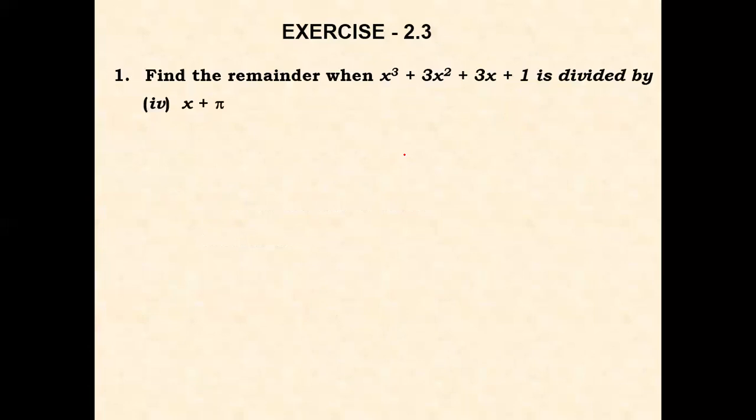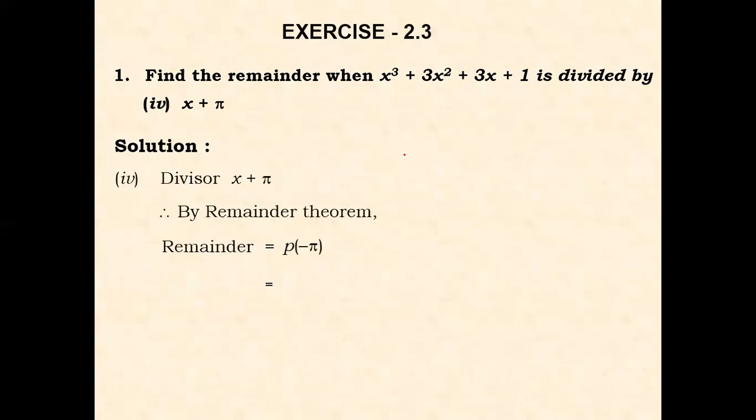Now question number 1, fourth part, x plus pi. Find the remainder when this is divided by x plus pi. So again, the polynomial is the same. We have the zero of x plus pi, x is equal to minus pi. So to find the zero of any polynomial, what will you equate it with? You will equate it with zero. And this is what, x is equal to minus pi.